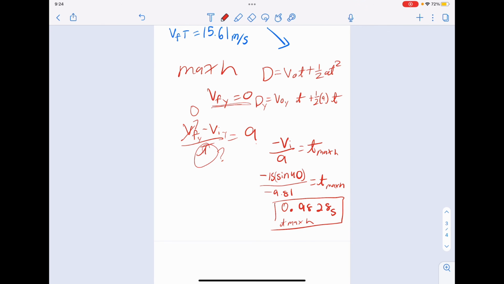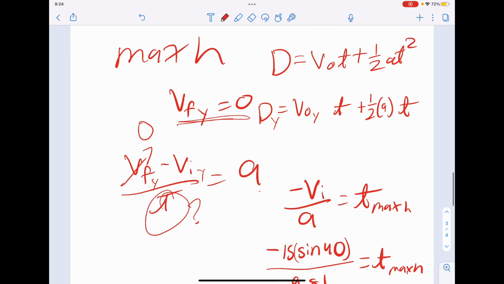Now if we just plug that back into our displacement in the y, displacement in the y is going to be v naught y, which is 15 sine 40, times the time we just solved for, 0.98, plus half of negative 9.81 times t squared, which is 0.98 squared.